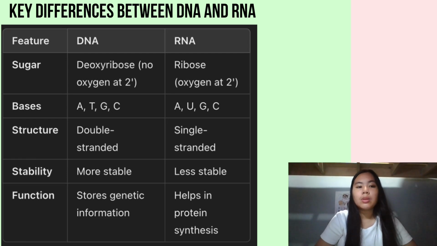DNA is double-stranded and RNA is a single-stranded structure. In terms of stability, DNA is more stable and RNA is less stable, and DNA functions in storing genetic information, and RNA helps in protein synthesis.